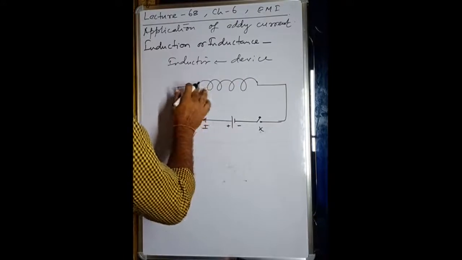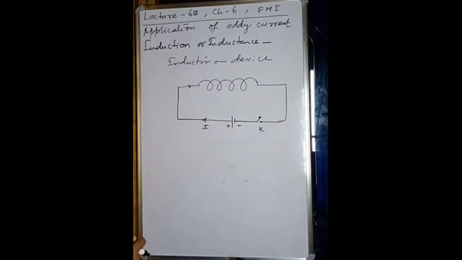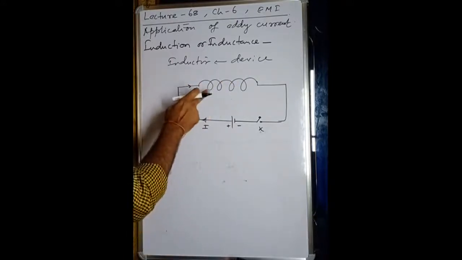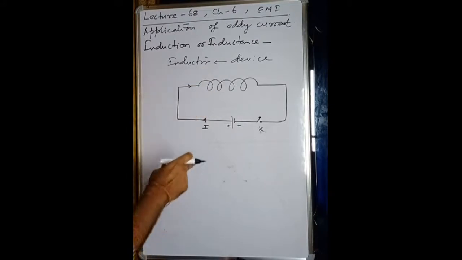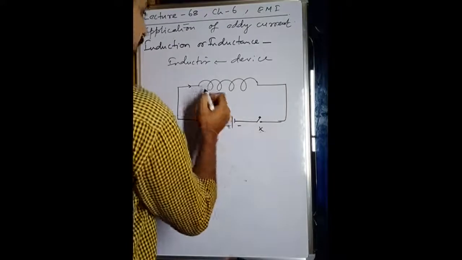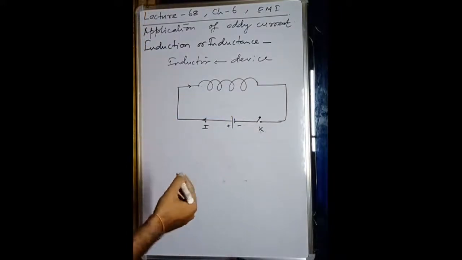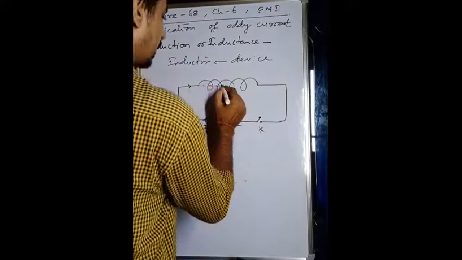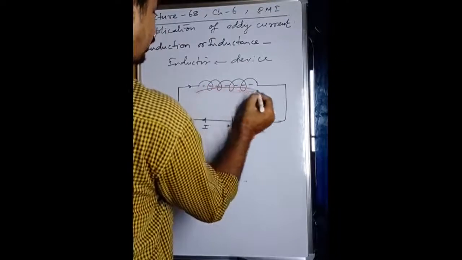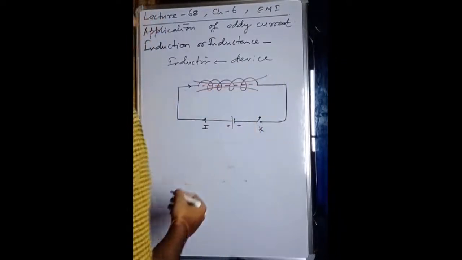As the current is established through this inductor, remember, this inductor starts producing a magnetic field. As the magnetic field is produced, suppose here the magnetic field, as we know that the solenoid also forms a magnetic field inside. Suppose this is the pattern of the magnetic field. I'm drawing here the magnetic field lines.